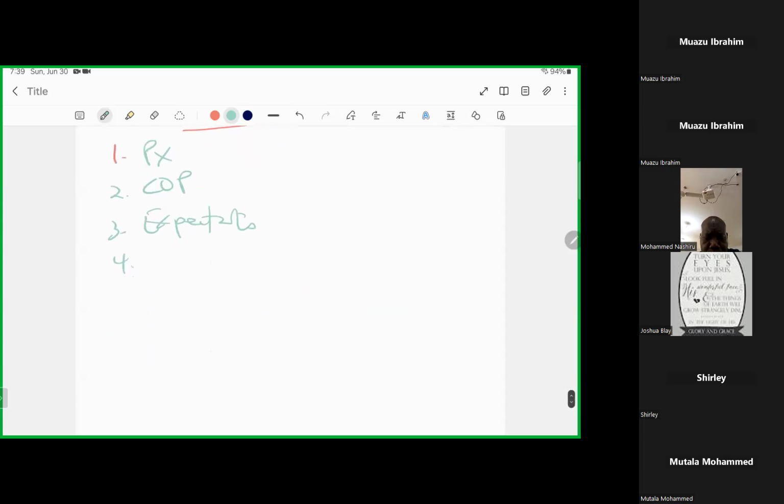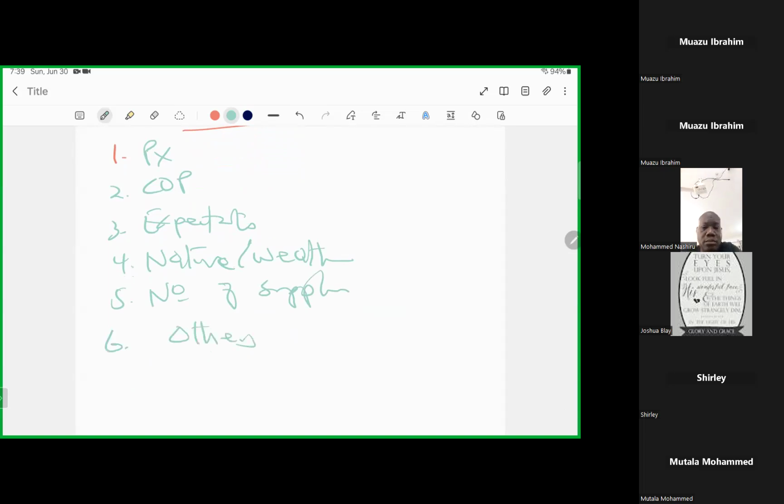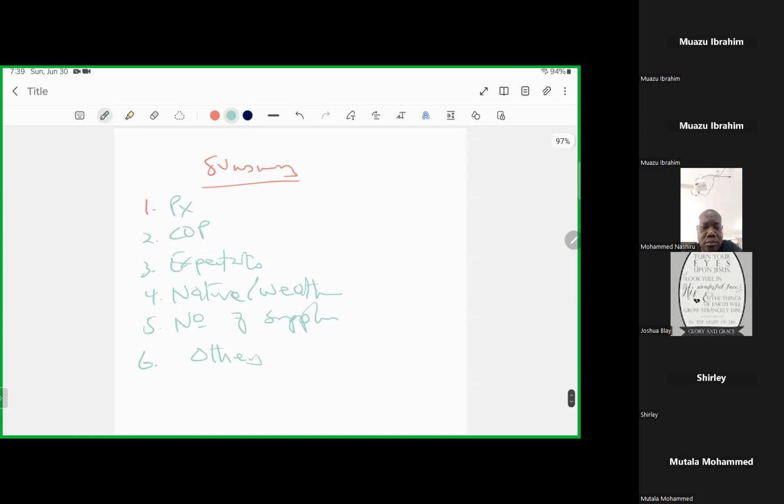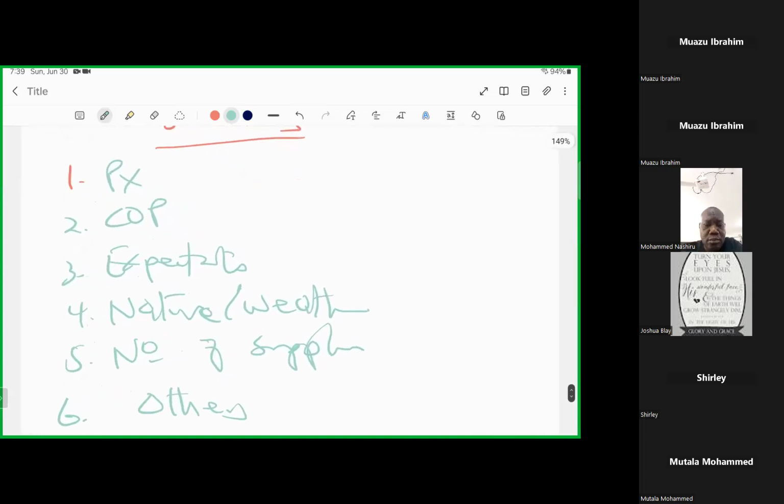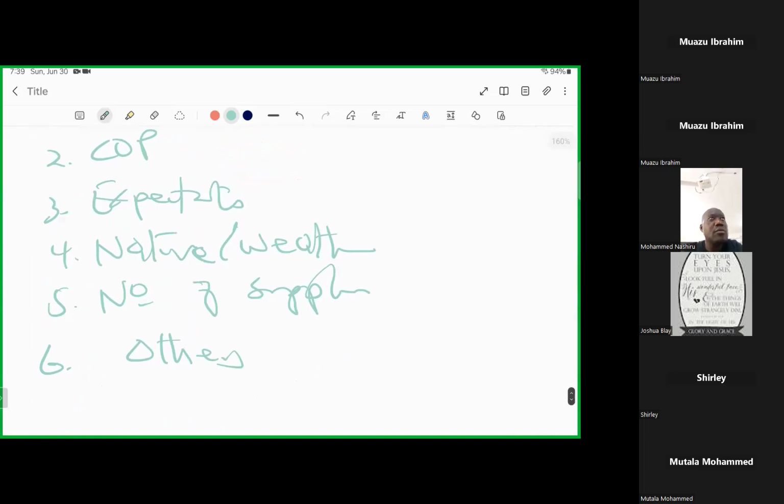And we looked at the weather or nature, including natural disasters, which affect the supply of a good. We also have the number of suppliers, which is a key factor affecting supply. We have others, which take care of all those factors that we have not listed, but are key in influencing the supply of a good.